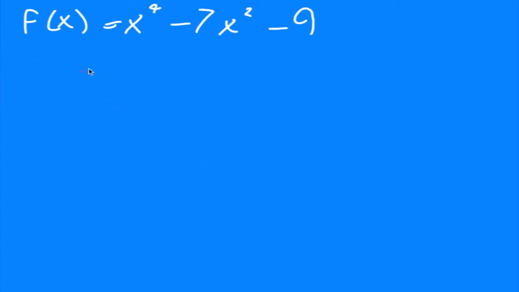You're going to take these two numbers and add their absolute values: the absolute value of -7 plus the absolute value of -9. If you have a negative, the absolute value is just a positive. It's always positive. So 7 plus 9 equals 16.